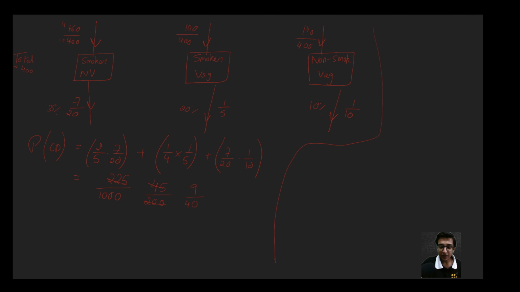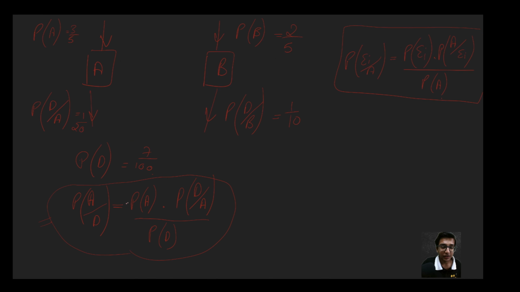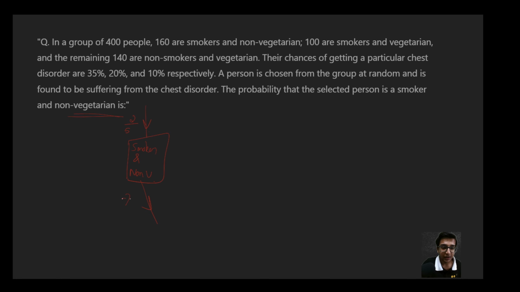Now what have they asked us? The probability that the selected person is a smoker and non-vegetarian. For getting into smoker non-vegetarian, our probability was 2 by 5, and for the person with chest disorder, it was 7 by 20. So we have to find out the probability that it has been selected from this pathway: the probability that the selected person is a smoker and non-vegetarian given that he has chest disorder.